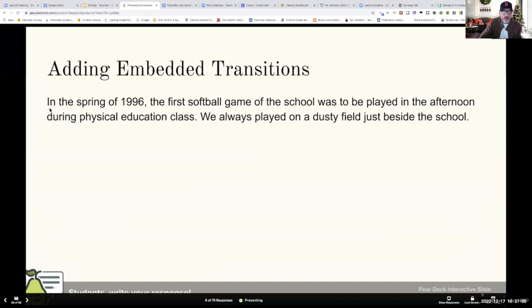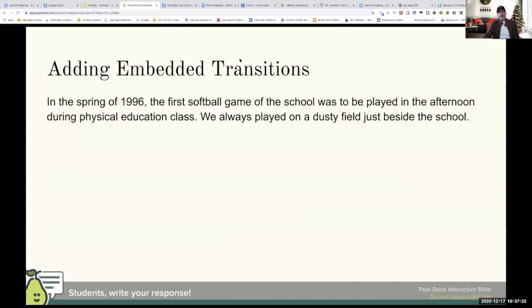In the response box, I want you to type in the spring of 1996, and then see if you can identify another transition word or phrase and type it in the box, and I'll give you two minutes.